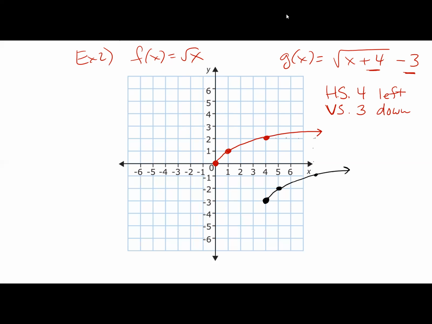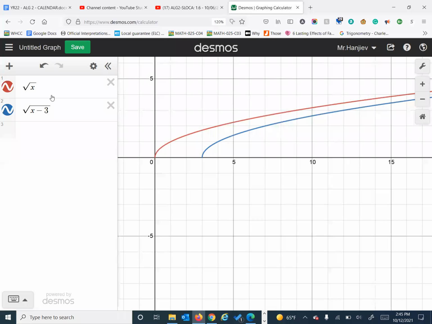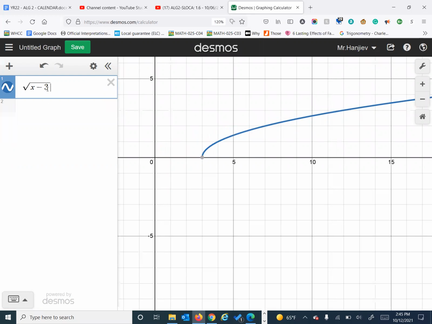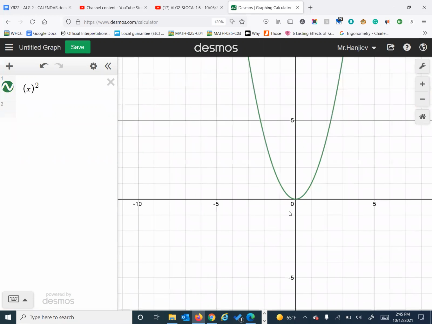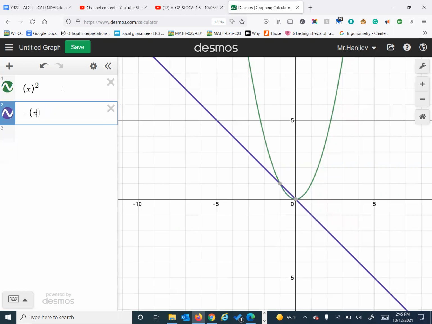Okay, now let's take a look at some other ones. Back to Desmos. I'm going to change it up now. X squared again. It's a green function this time. This time what I'm going to do is put a negative in front of my function.